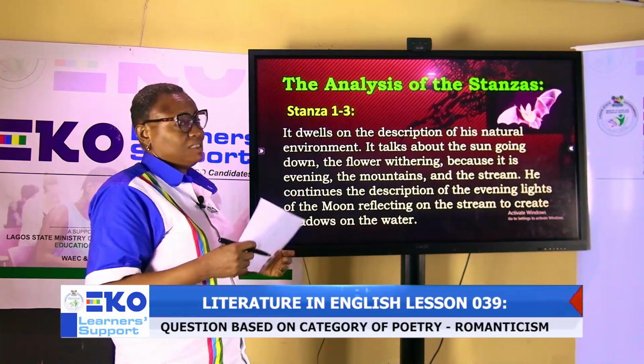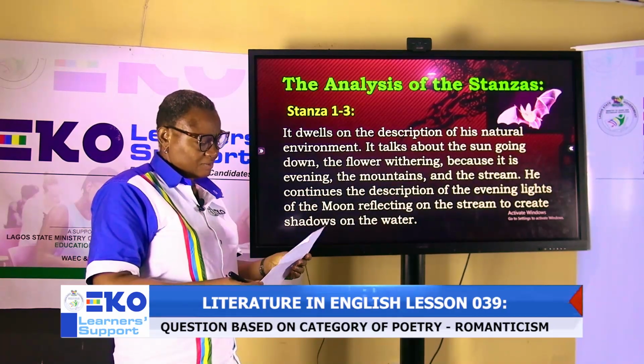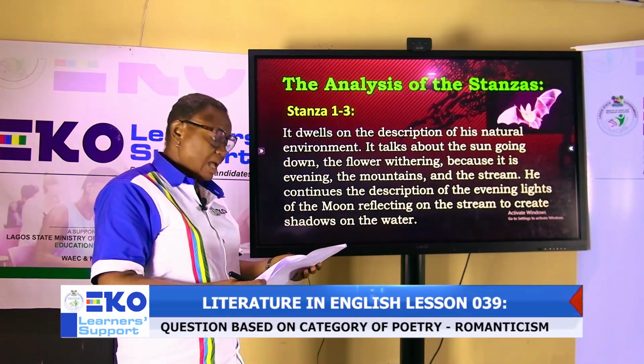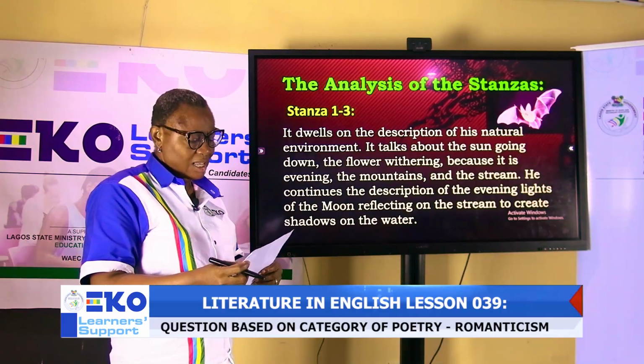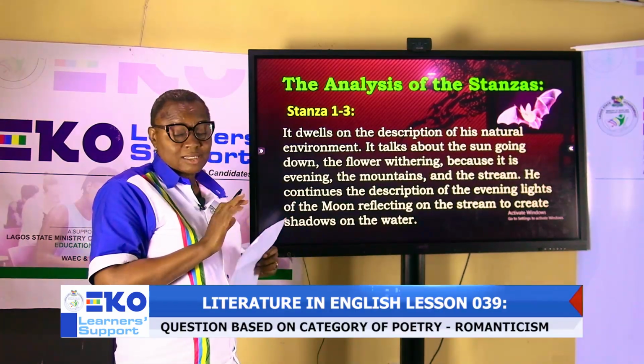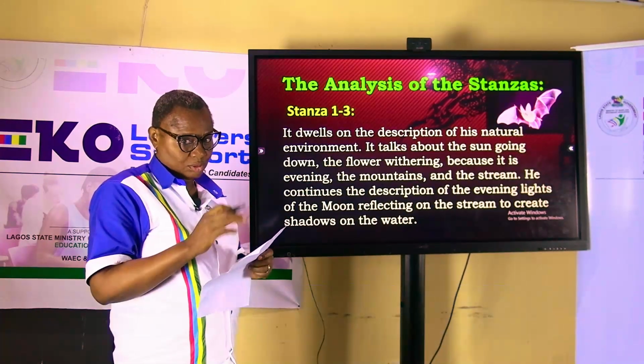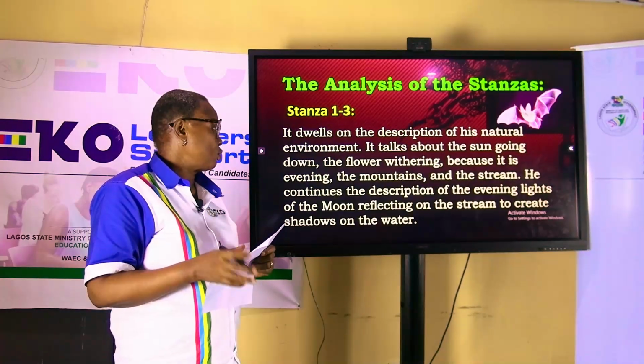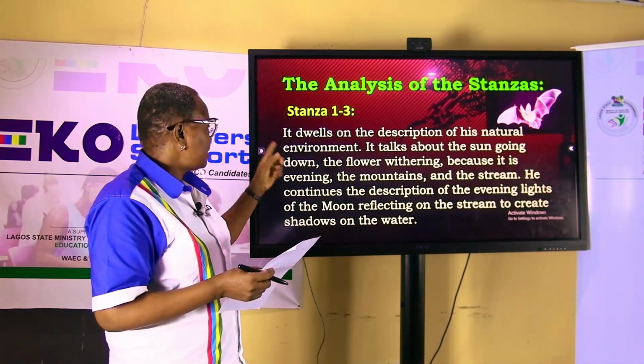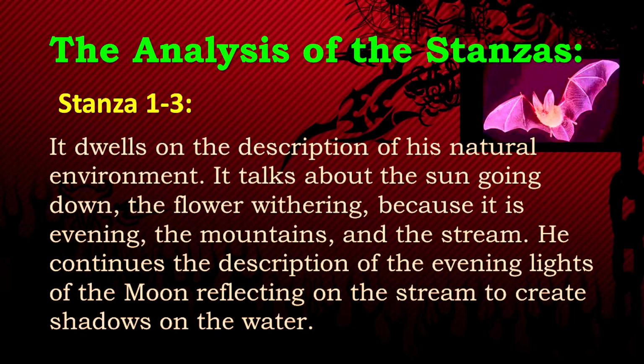Then we have the analysis. We have 17 stanzas here, but they are categorized according to their preoccupation. So I have stanzas 1 to 3. Those stanzas dwell on the description of the natural environment that the poet persona is enjoying.